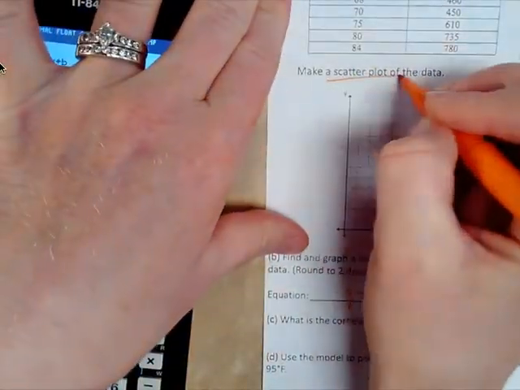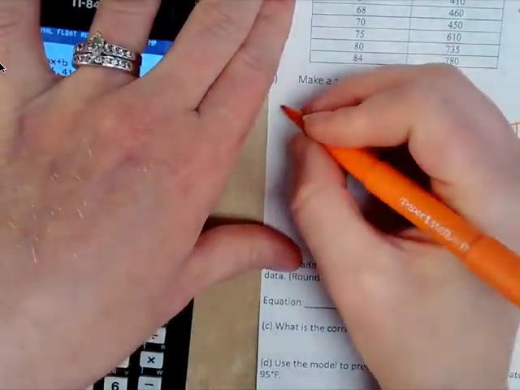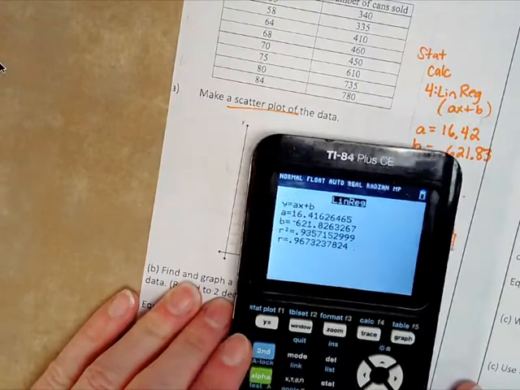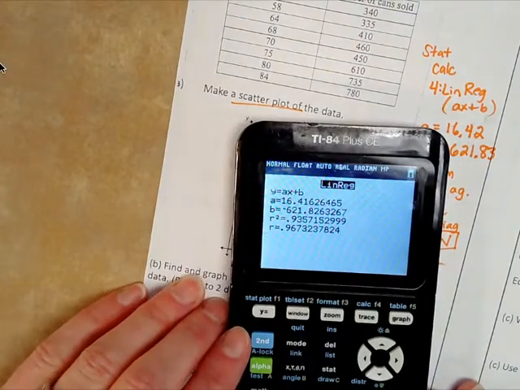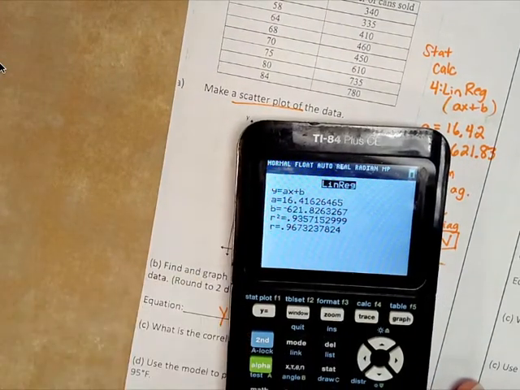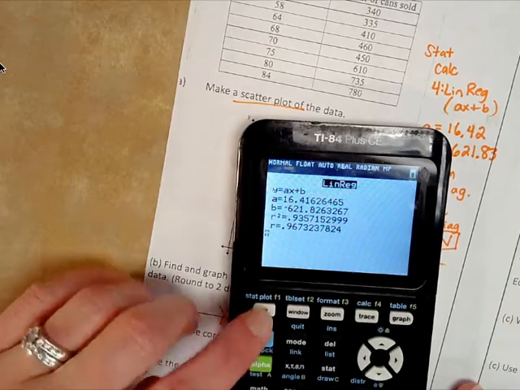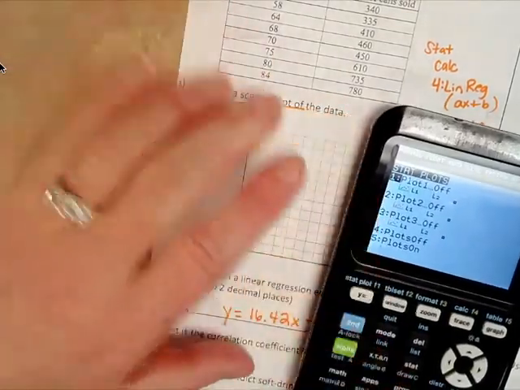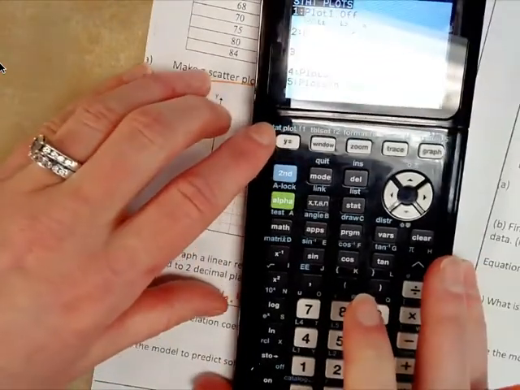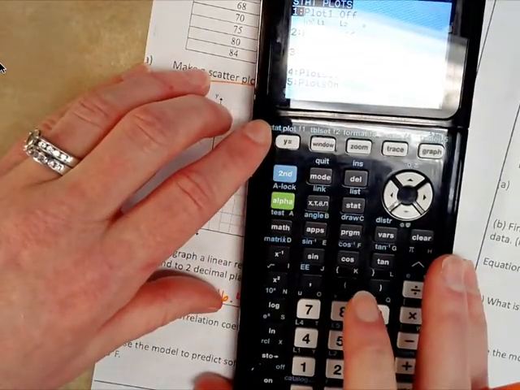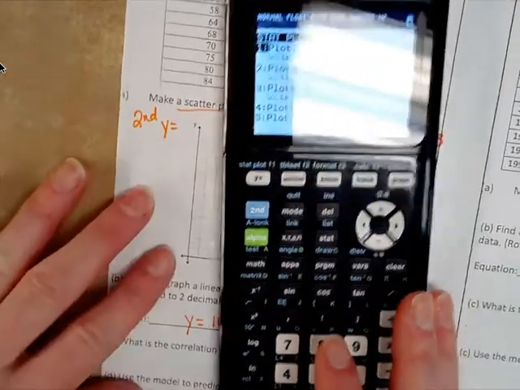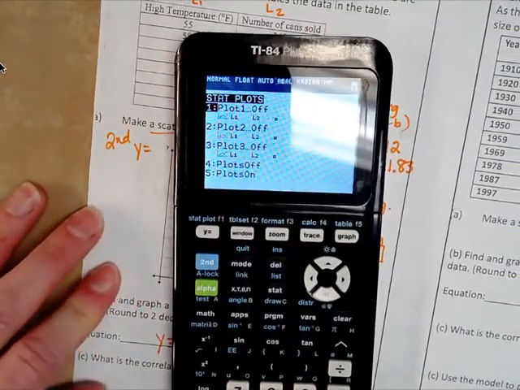So to make a scatter plot, you do stat plot. Y'all remember what the tool is for stat plot? Where do I go to plot this on a graph? Second y equals. See how that blue, it says stat plot? That means you are plotting what's in your stat that we put in. You need to turn it on.